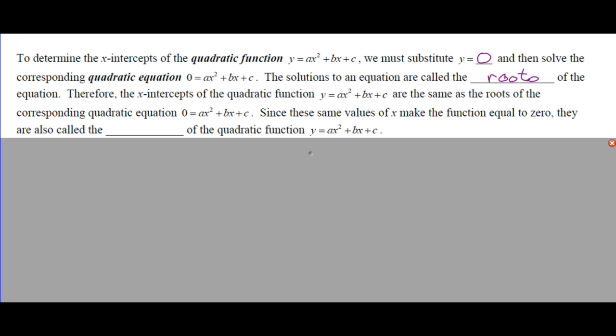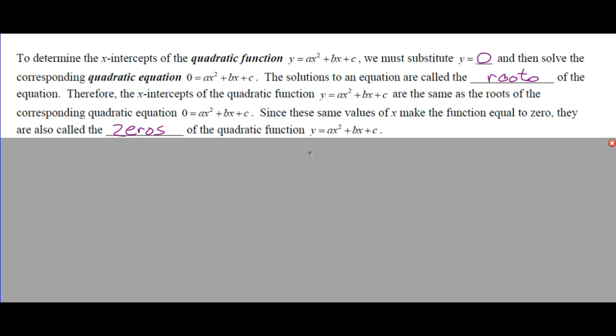Therefore, the x-intercepts of the quadratic function, y equals ax squared plus bx plus c, are the same as the roots of the corresponding quadratic equation, which is 0 is equal to ax squared plus bx plus c. Since these same values of x make the function equal to 0, they are also called the zeros of the quadratic function.